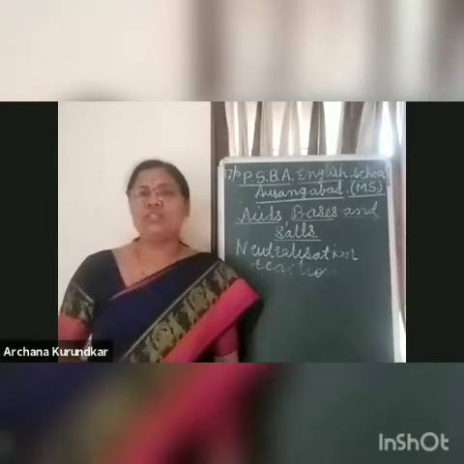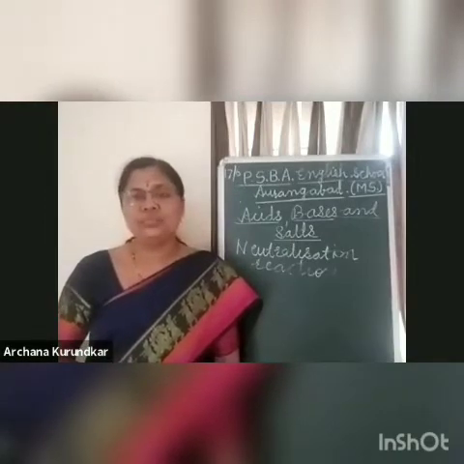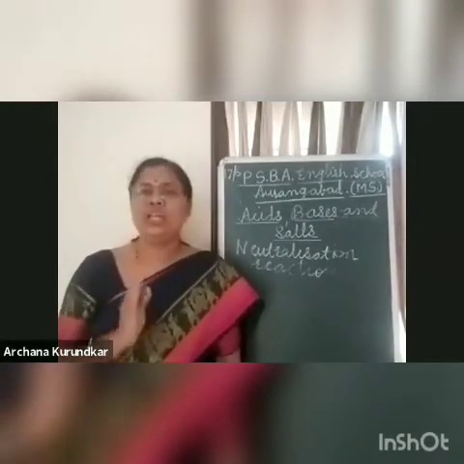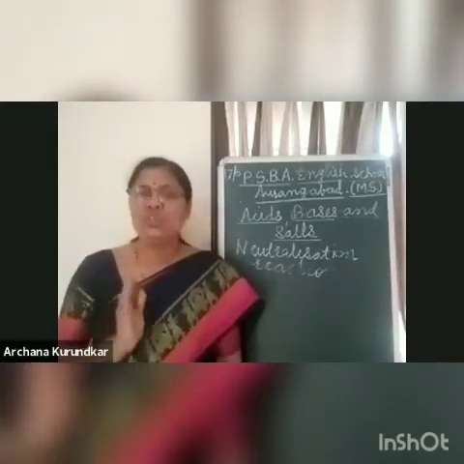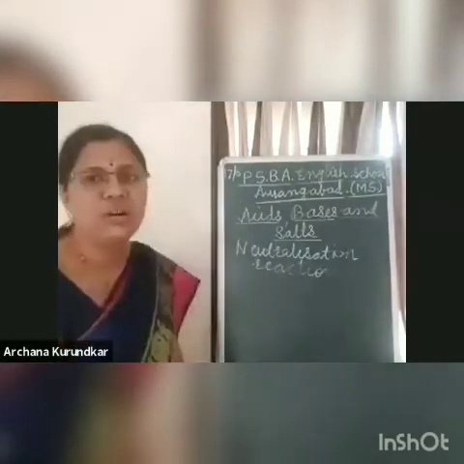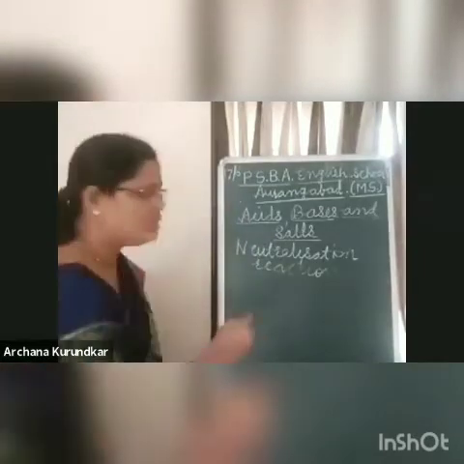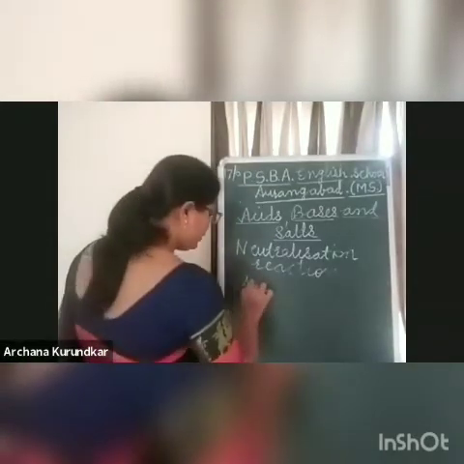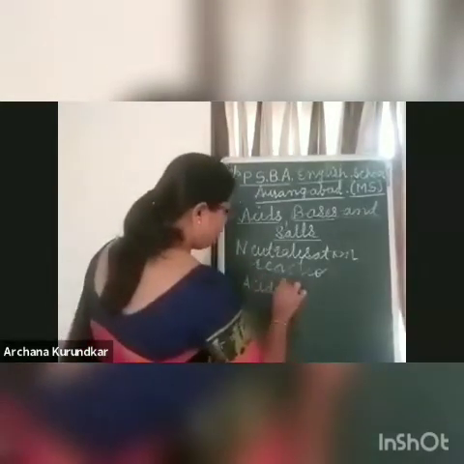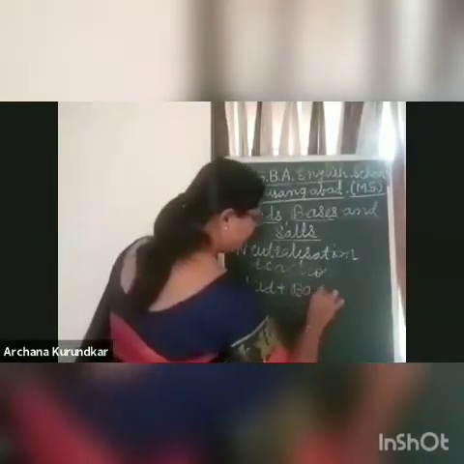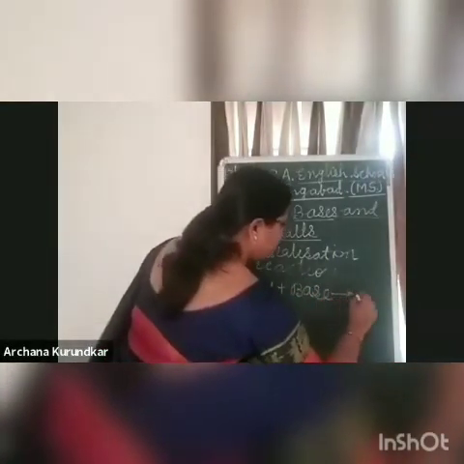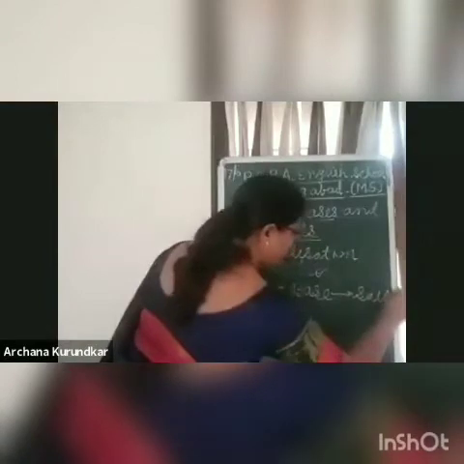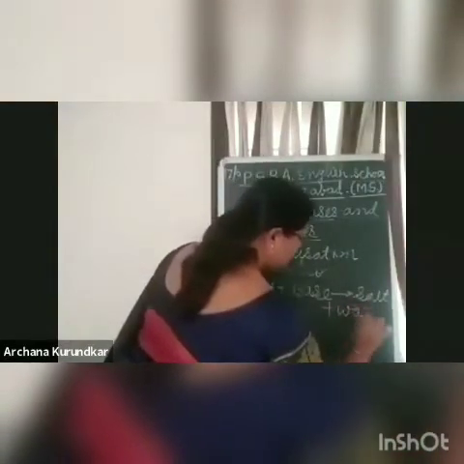What is the definition of the neutralization reaction? The reaction between acid and base to give salt and water is called the neutralization reaction. So what is it? General reaction, acid plus base gives salt and water.